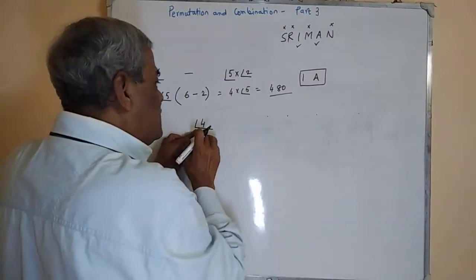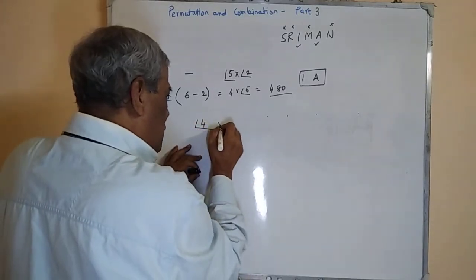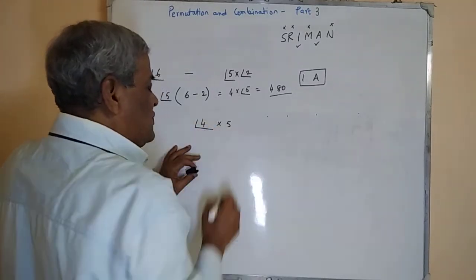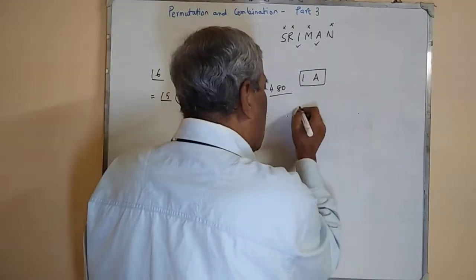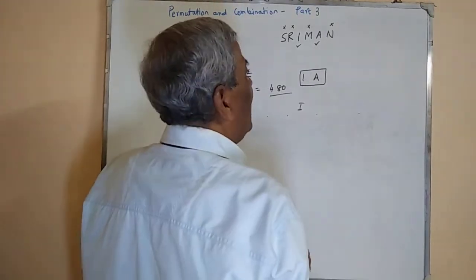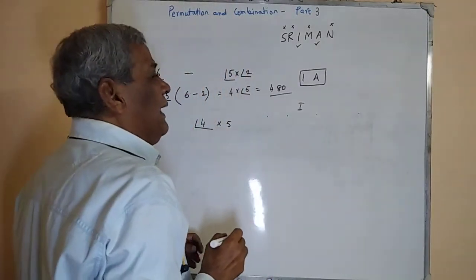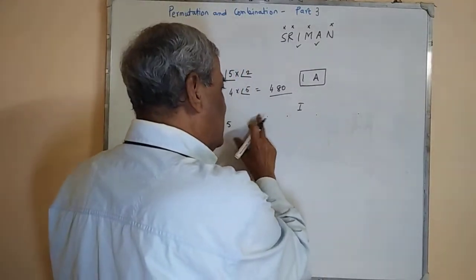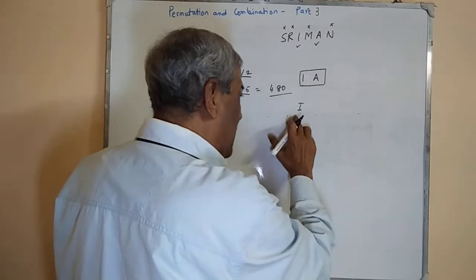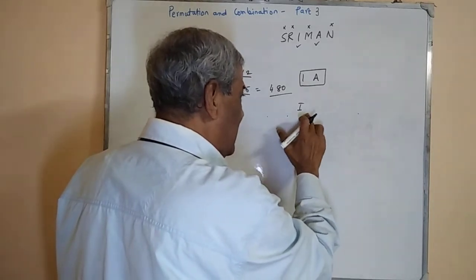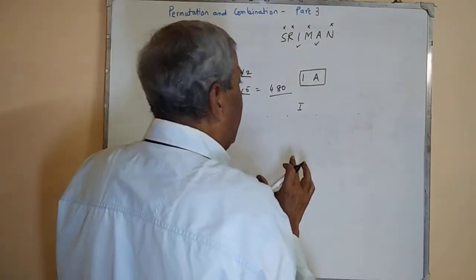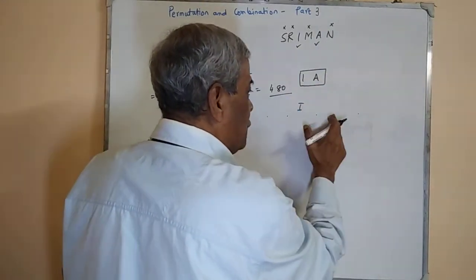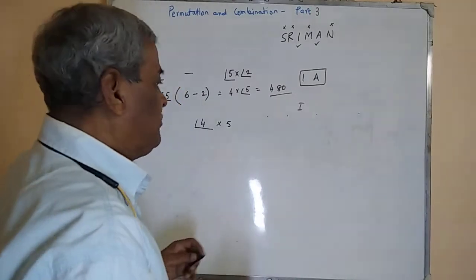So for each arrangement of factorial 4, the first vowel can be placed in 5 ways. Suppose I is there, then the other vowel A can be placed there, here also, but not adjacent. There can be placed, there can be placed. So for A, 1, 2, 3, and 4 positions are left.